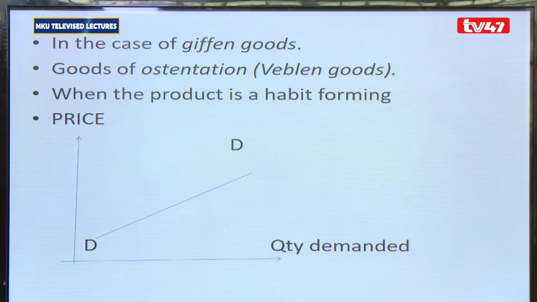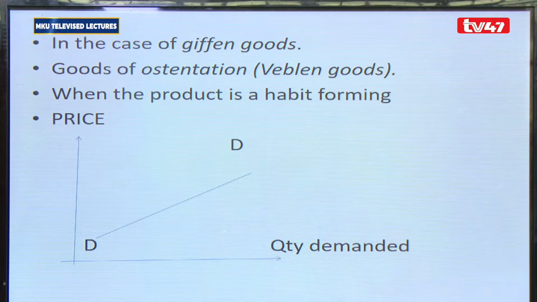So what happens? If the price of the sukuma wiki goes up, they no longer can afford what they think is superior, maybe meat or fruits. Because they can no longer afford the superior product, they consume more of the inferior product. So when the price of those goods goes up, they will consume more. And that is an exception to the law of demand.